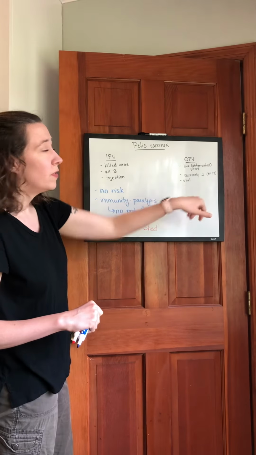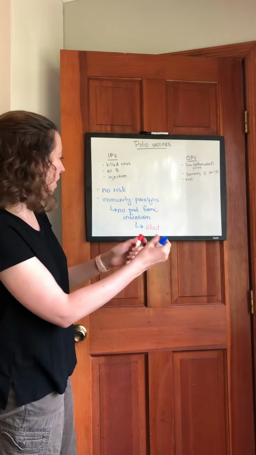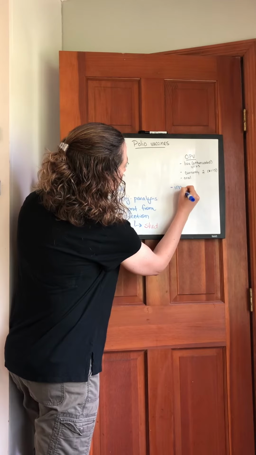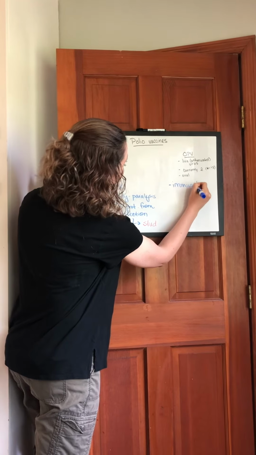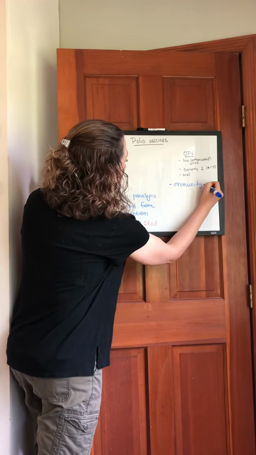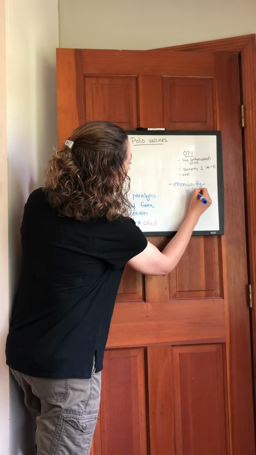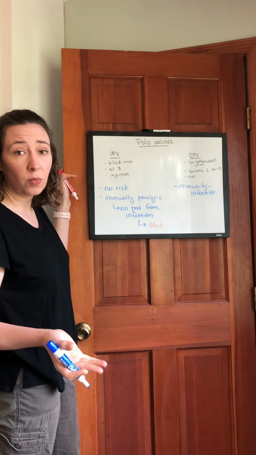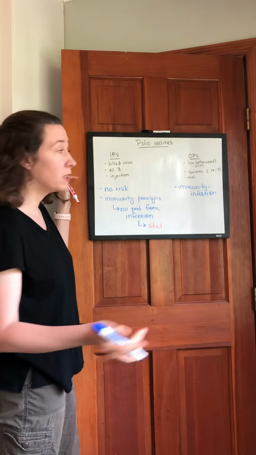Again, this is an oral vaccine. The benefit to this one is that the immunity you get is actually against infection. If you get full immunity here, you should not be able to become infected with the virus if you are later exposed.